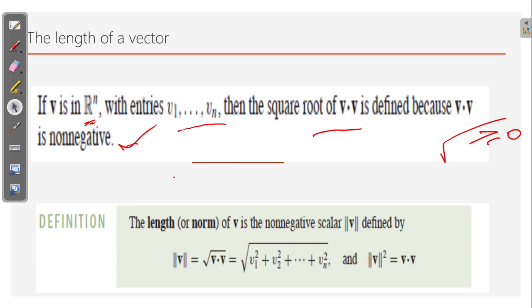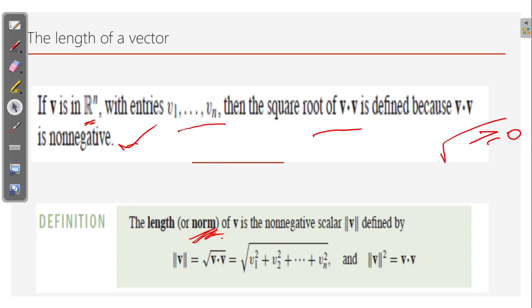Now we are defining the length, which for a mathematician is known as the norm of a vector. Length of a vector means norm of a vector.